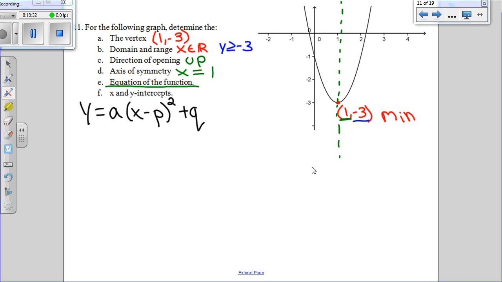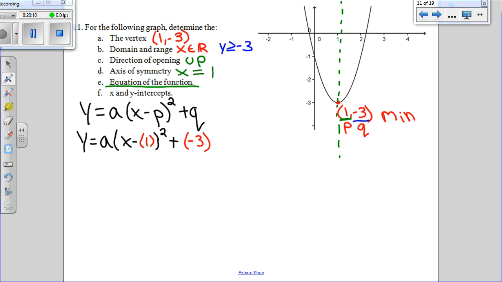So that means I have y equals a, x minus p, squared plus q. One of those brackets holds that group. I took my P and my Q, I substituted them into my vertex.